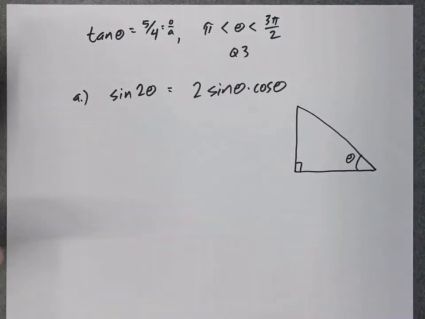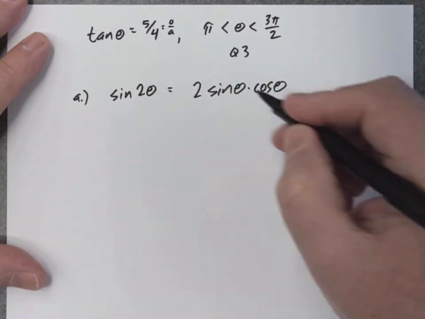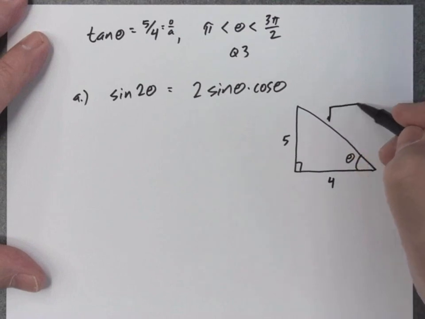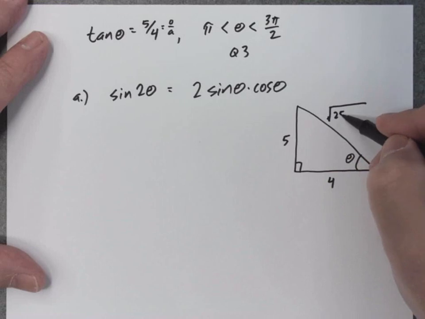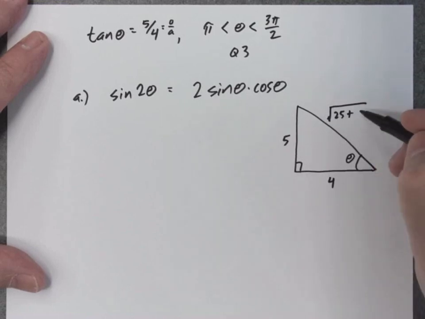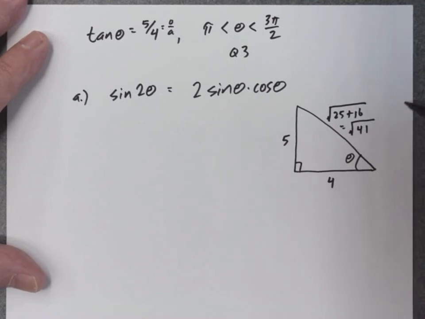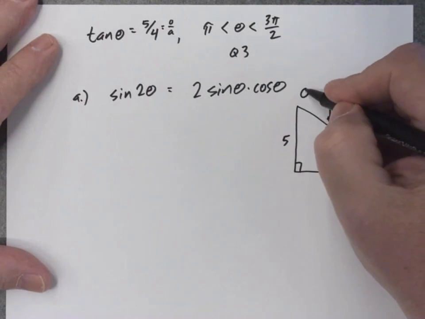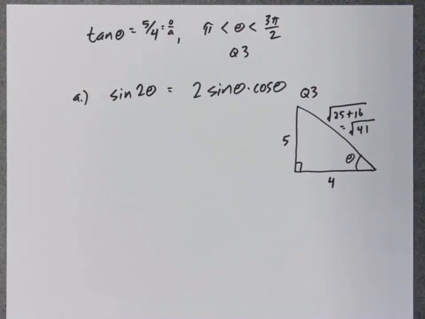Tangent is opposite over adjacent, so I'm going to create a right triangle where the opposite is 5, the adjacent is 4, and then I can determine my hypotenuse from Pythagorean. It's going to be 25, 5 squared plus 4 squared. Turns out the hypotenuse is square root of 41, and just to make sure I don't forget, I'm going to put up here, when I'm looking at this angle theta, I have to remember it's actually in quadrant 3.